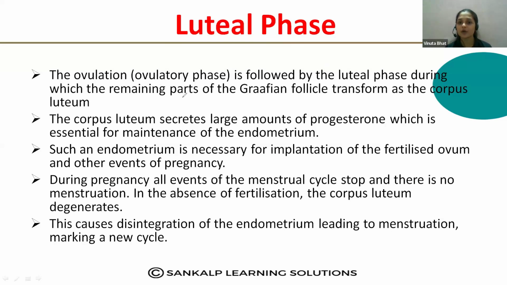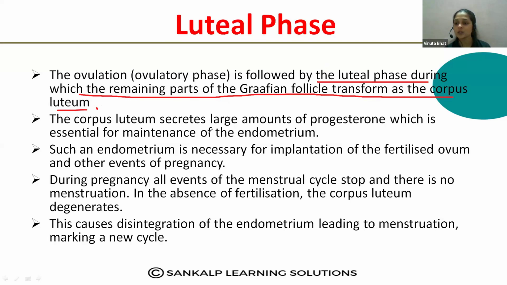The ovulatory phase is followed by the luteal phase, and the remaining part of the Graafian follicle transfer into corpus luteum. What is corpus luteum? That is the remaining parts of the Graafian follicle. Graafian follicle ಇರುವಂತ ಏನಾಗಿದೆ, ಓವಮ್ ರಿಲೀಸ್ ಆಗಿದೆ ಅಲ್ವಾ, the remaining part of that is called as a corpus luteum.